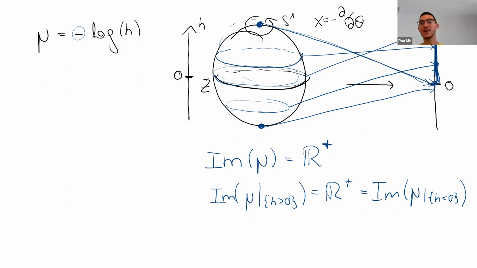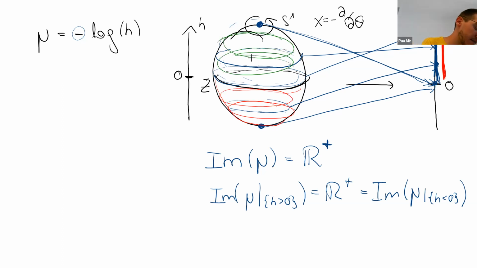In this way, we can glue the two copies of R plus we have. I will take another color. All these circles in the southern hemisphere are mapped to R plus, and all the circles in the northern hemisphere are mapped to another copy of R plus.